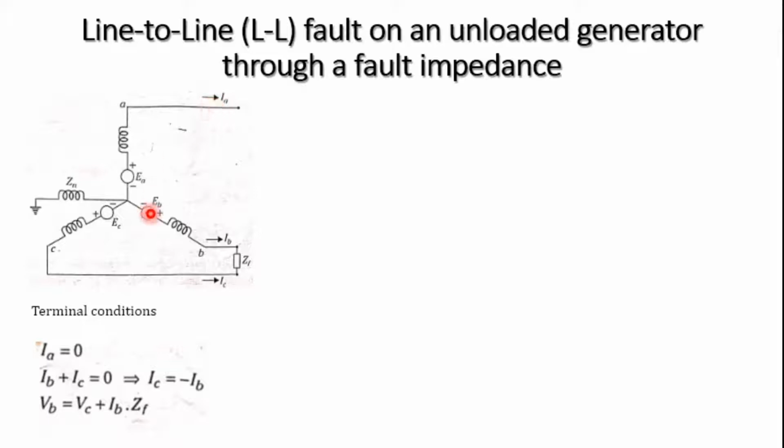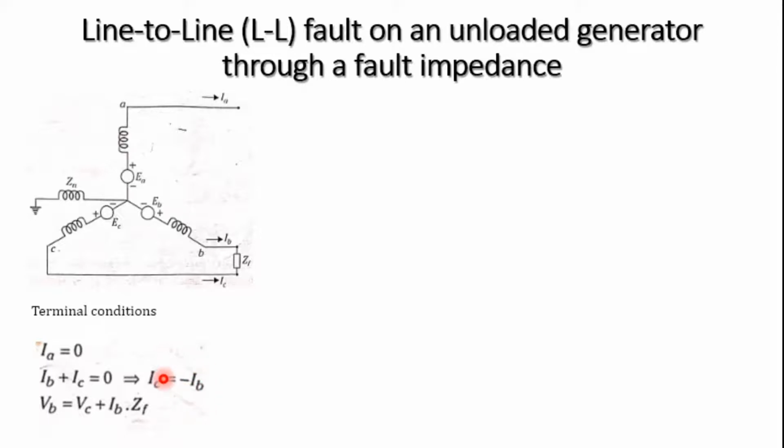And also we know that there is a fault between IB and IC. One is forward, another is reverse, so hence it is in the return path. So IB plus IC will become 0, or IC can be written as minus IB.